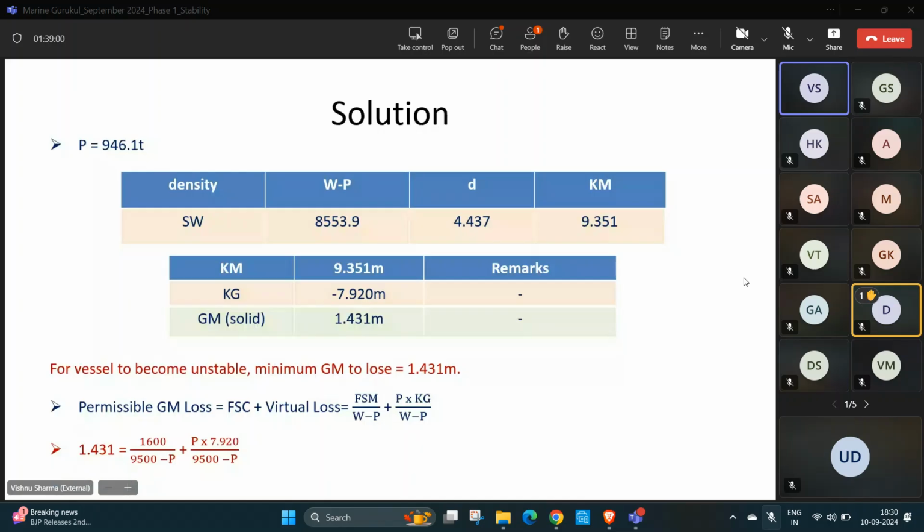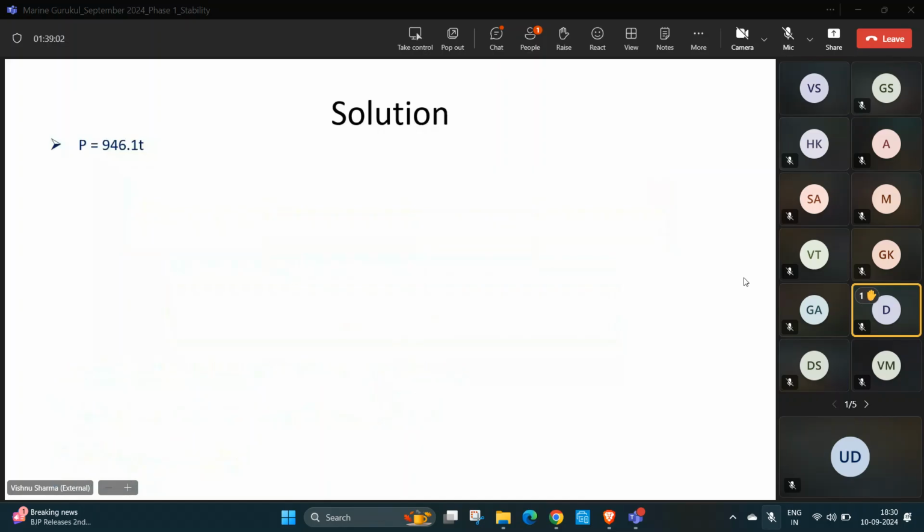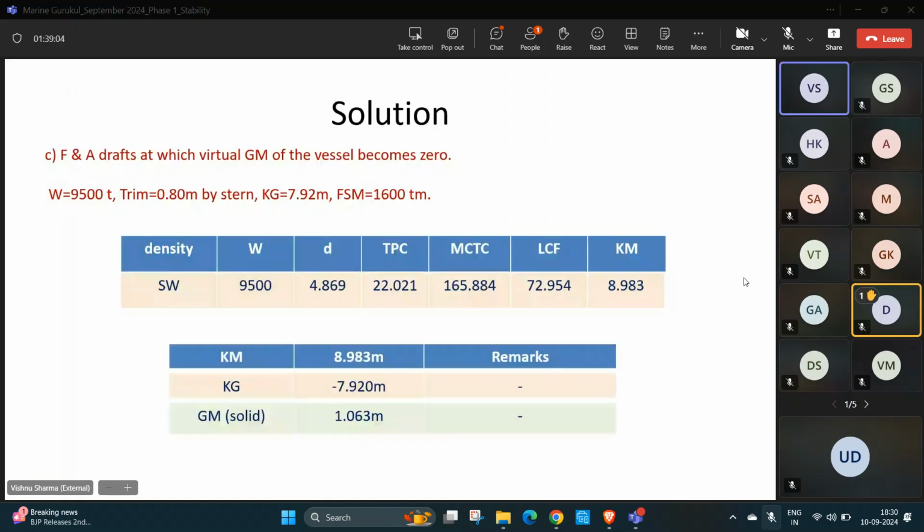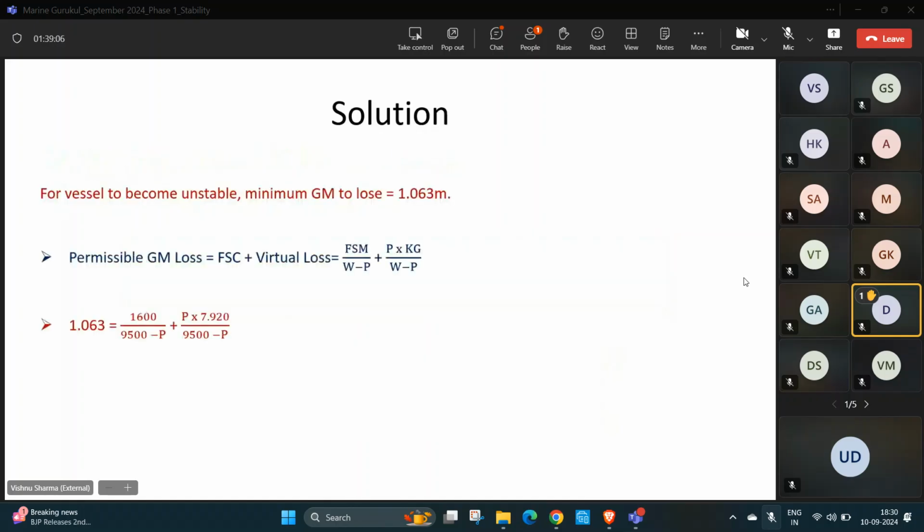Please calculate. And let me see what I would get without FSC. Let me do it without FSC also. 1.063 is equal to P into 7.9495 SP.